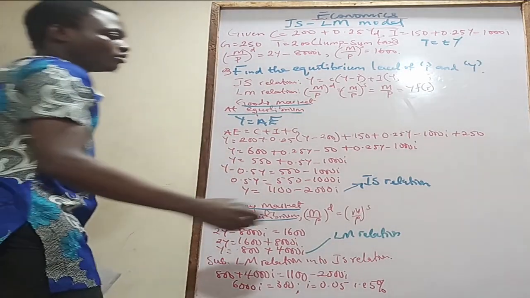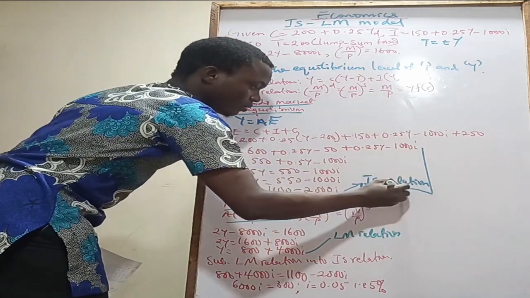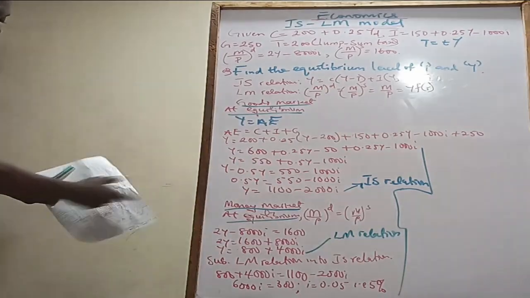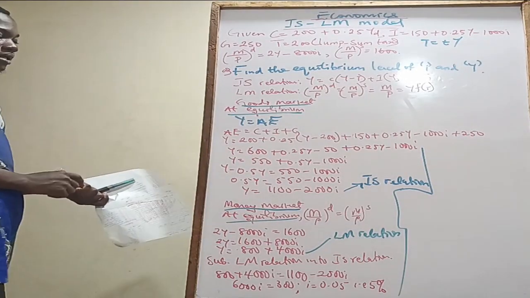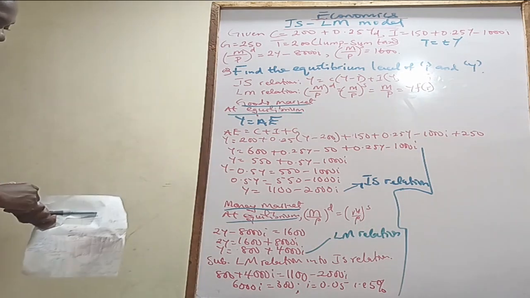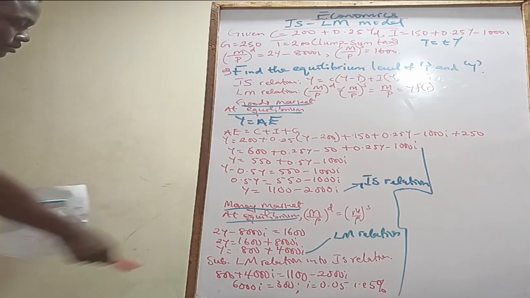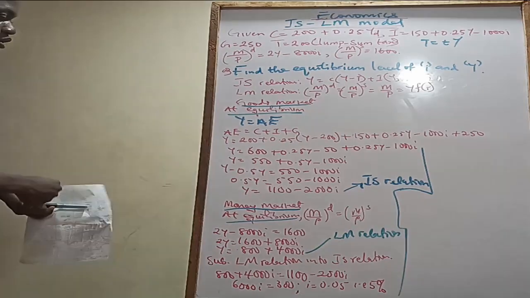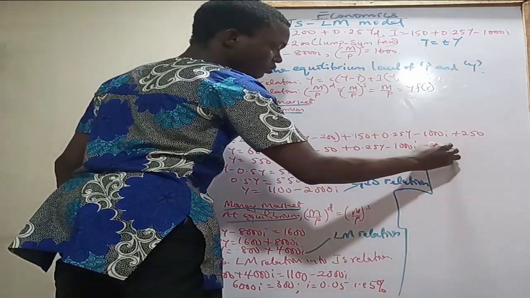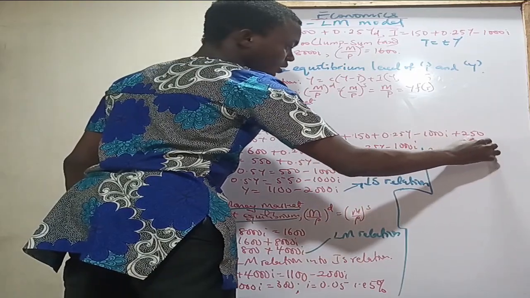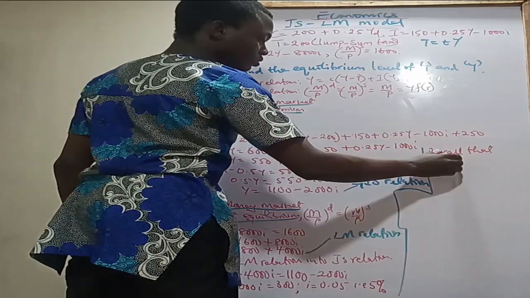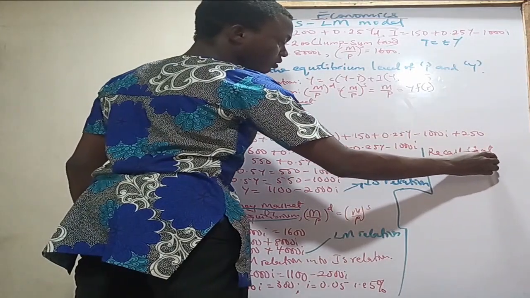Now, how do we get the value of our Y? We can substitute 5% into either the IS relation or the LM relation, and we are going to get our answer. Let's assume I want to substitute into this one, so 0.05. Recall that Y equals 1100 minus 2000i.